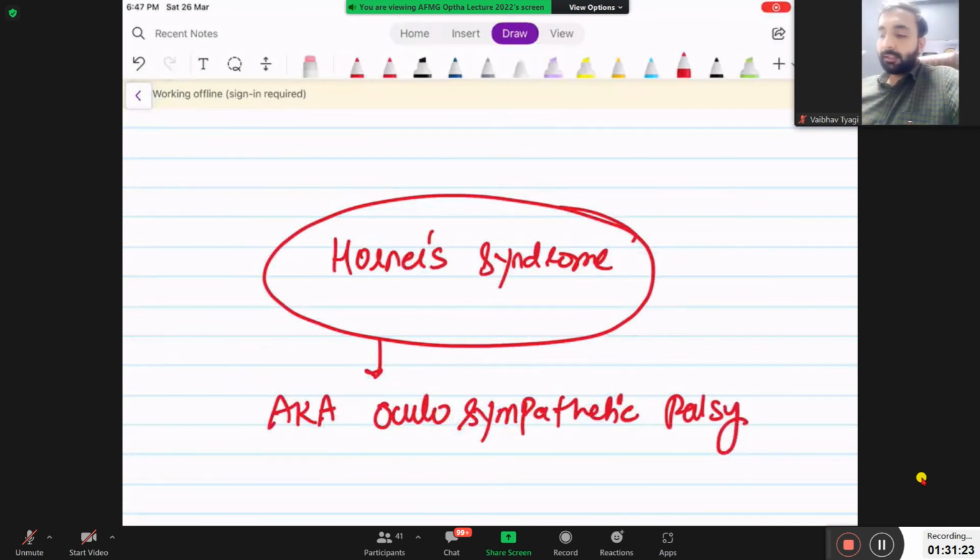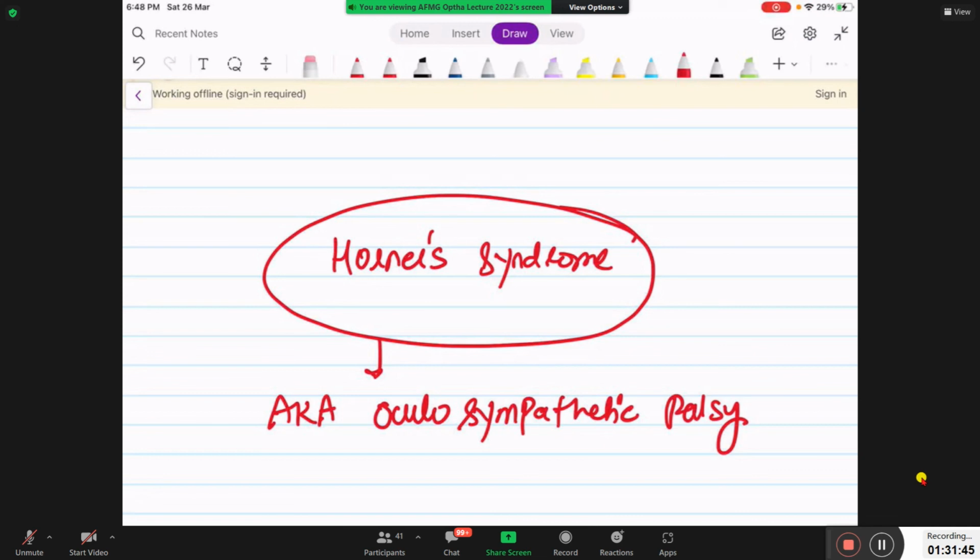So this means that sympathetic nervous system palsy is there. Obviously when sympathetic palsy is there, the parasympathetic nervous system must be activated, right? So all the findings governed by the parasympathetic nervous system will be activated in Horner syndrome.